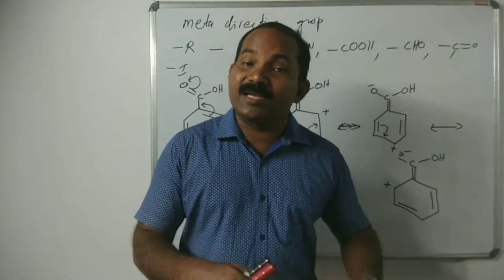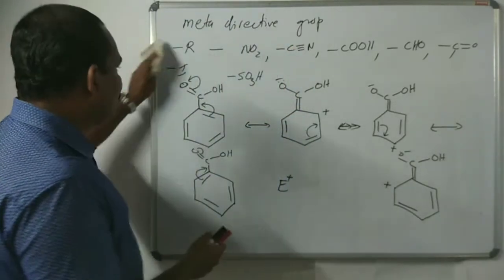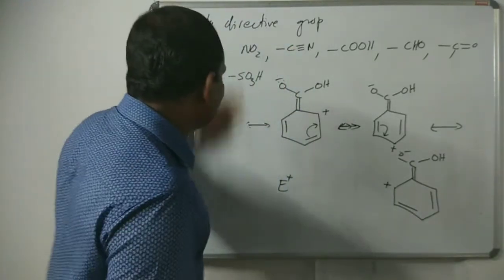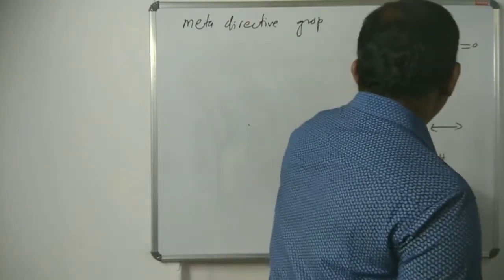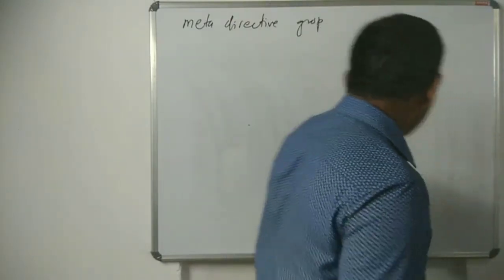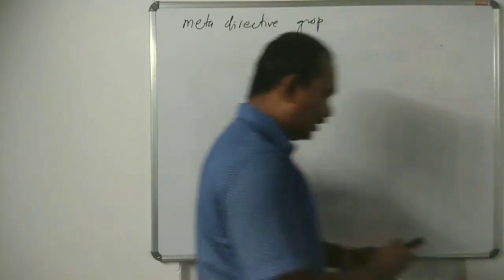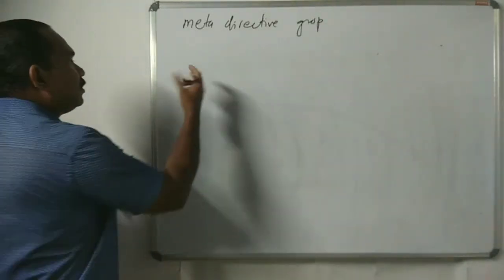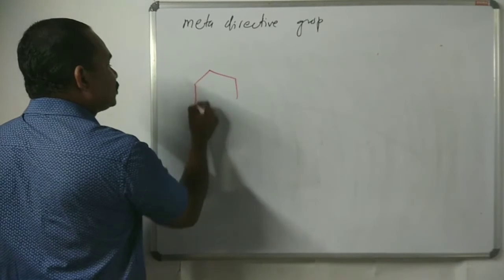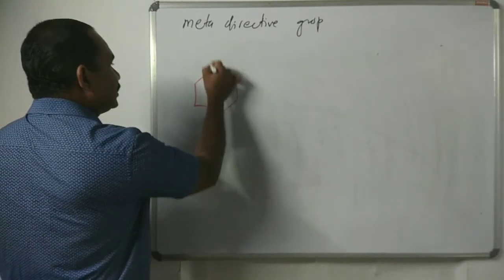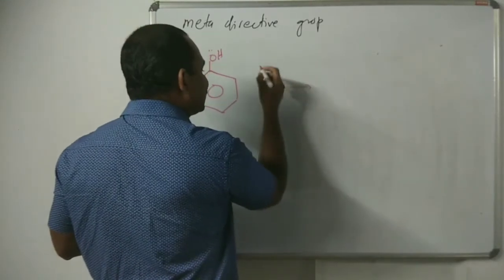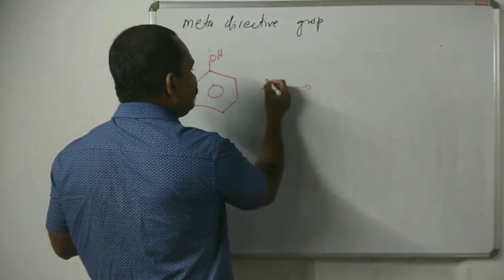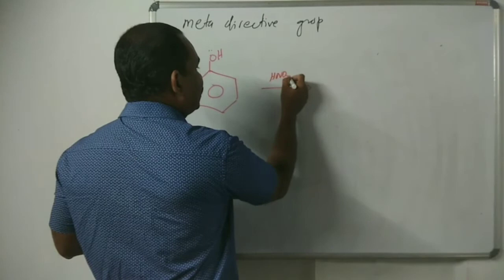Phenol is nitrated. In the textbook there is no reaction, but we will understand what happens. Phenol is an ortho-para influencing group, ortho-para directive group. So it is nitrated with HNO3.